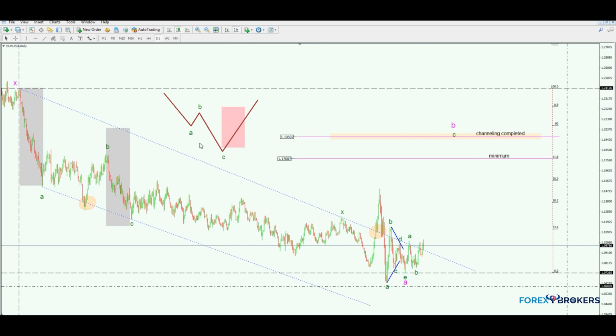The first thing to consider in a complex correction is a double combination, because double combinations are the most common complex corrections forming on the currency market. And if you ask me, not only on the currency market, but on commodities as well, on stock indices as well, and so on.